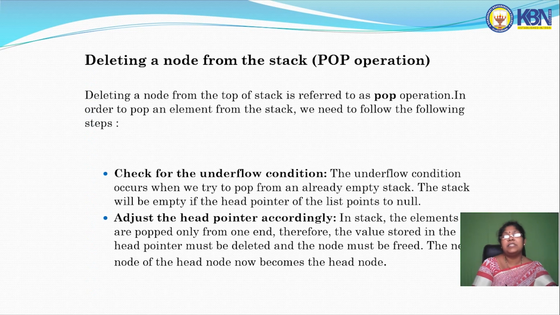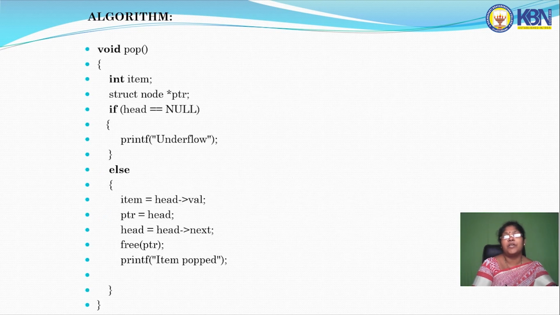Now deleting an element from the stack, we can do the delete operation also by using this. Before deleting, we should check for the underflow condition and adjust the head pointer accordingly. Deletion means we are removing some element, so we give the link to the adjacent element. How will they perform? See here, void pop, and we get an item. If head equal to null, underflow.